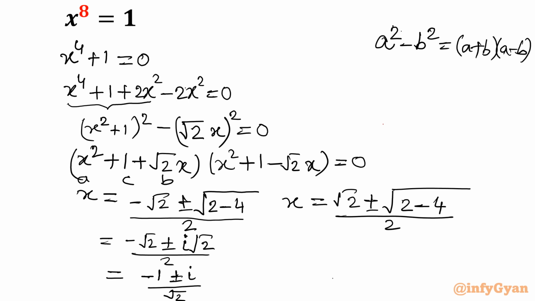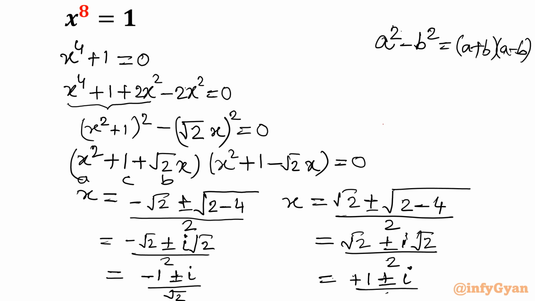So where is it going to impact? Only the first term. So root 2 plus minus iota root 2 over 2. So it will come out as plus 1 plus minus iota over root 2.